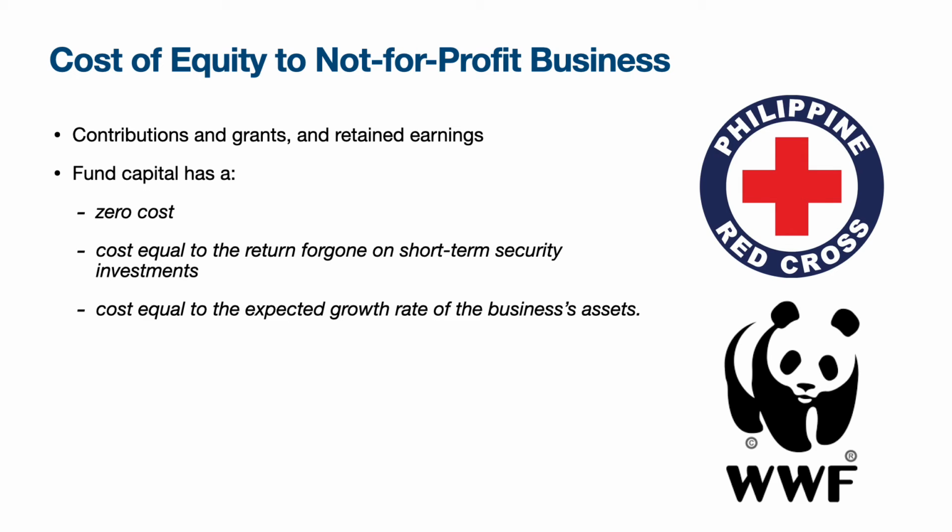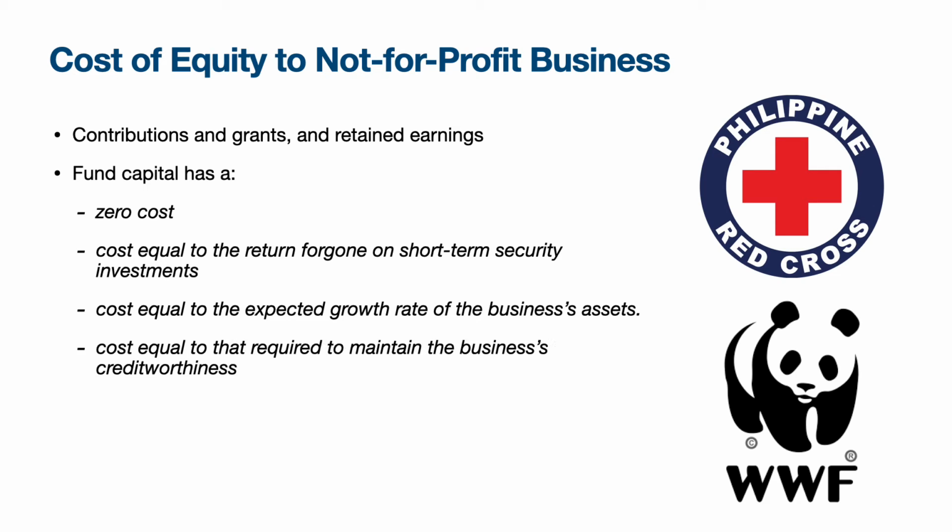Number 3, fund capital has a cost equal to the expected growth rate of the business's assets. Now, not-for-profit businesses must earn a return on equity merely to support dollar growth in assets or the inflation. The greater the inflation rate, the greater the return that must be earned. Number four, fund capital has a cost equal to that required to maintain the business's creditworthiness.